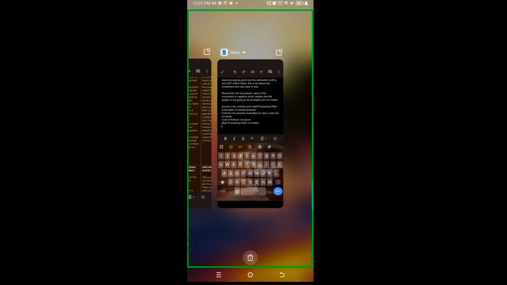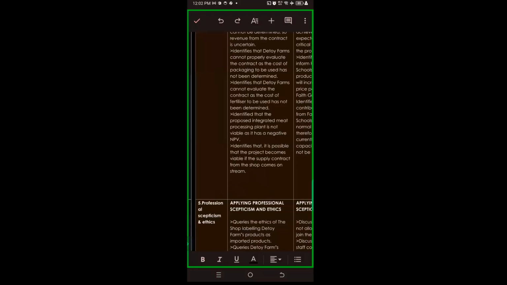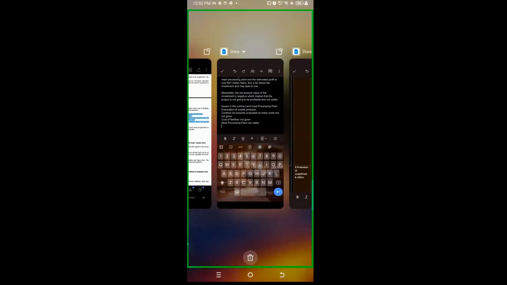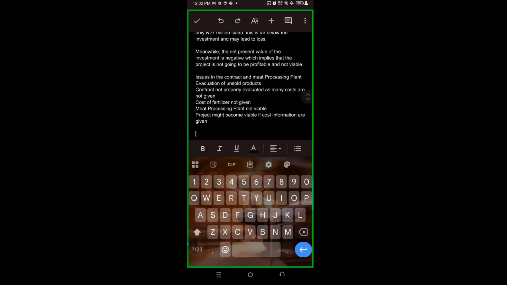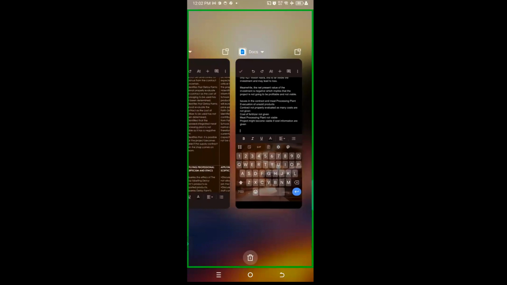And lastly, they say projects might become viable if cost information is given. So these are those other issues that are in the contract and the meat processing plant. So that is issues and options.